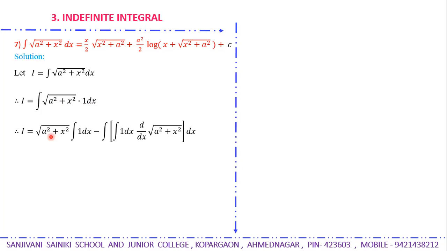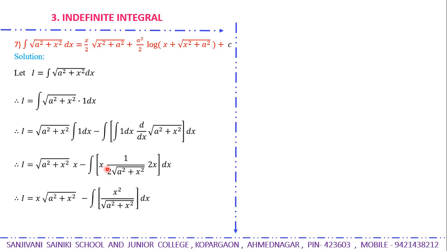First function as it is, integration of the second, minus integration of, in bracket, integration of 1 dx into d by dx of root a square plus x square. Its derivative is given by 1 upon 2 root a square plus x square into 2x. This x and this x, you will get 2x square, but the 2 and this 2 will cancel each other, and you will get x square upon root x square plus a square.